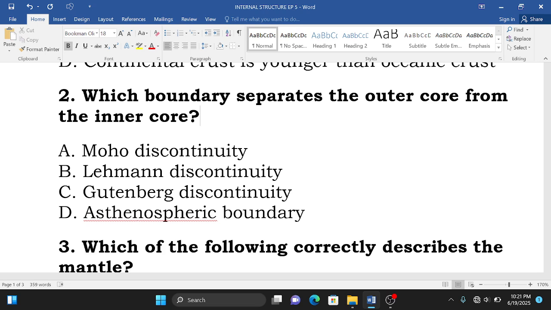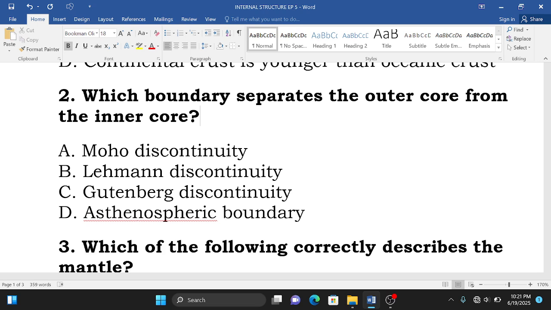For example, we have upper mantle and lower mantle, and we have inner core and outer core. The upper mantle and lower mantle are divided by the discontinuity of Repetti, but inner core and outer core are divided by the discontinuity of Lehmann.